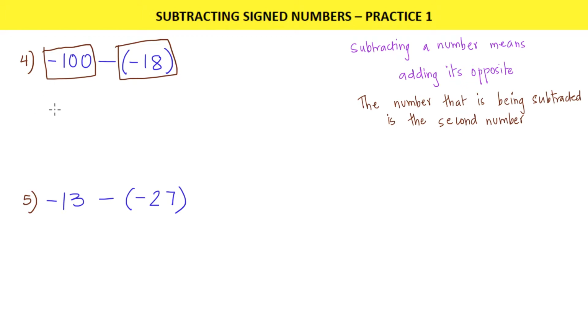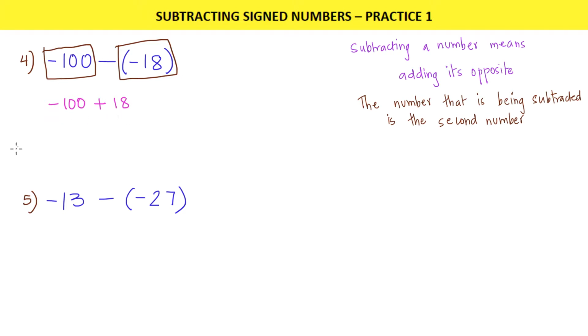We will first rewrite this expression as add the opposite. So we have negative 100, and instead of subtracting negative 18, we will add the opposite of negative 18, which is 18. Now that it is an addition problem, we have negative 100 plus 18. These are two different signs.